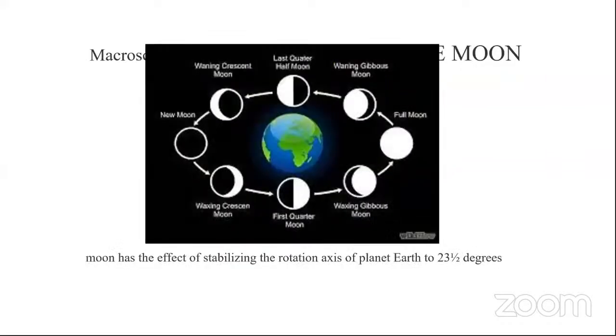Another one is the design of the right size of the moon. The Earth-Moon system is that of a small planet being orbited by a huge single moon, and that huge single moon has the effect of stabilizing the rotation axis of the planet Earth at 23.5 degrees. That's the ideal tilt for life on planet Earth. The axis of the planet Mars moves through a tilt from 0 to 60 degrees and flicks back and forth.